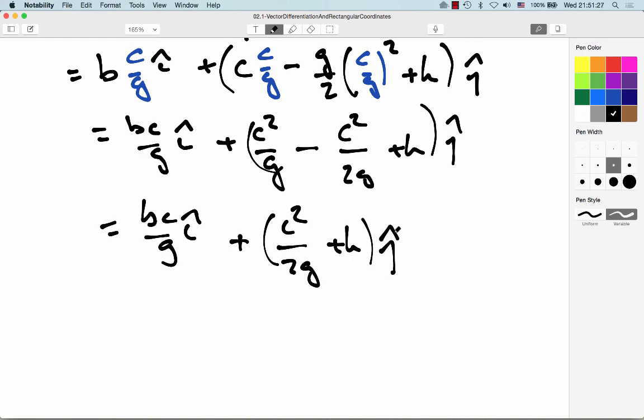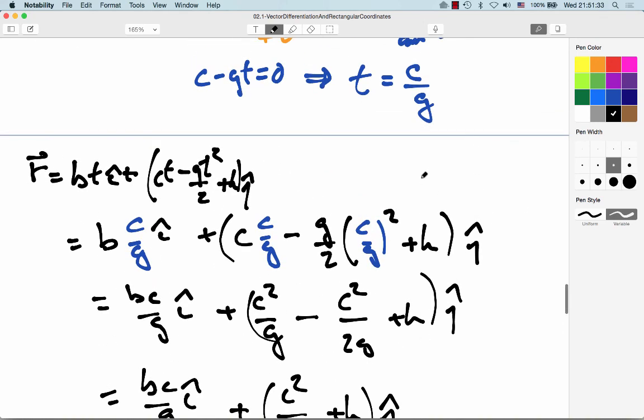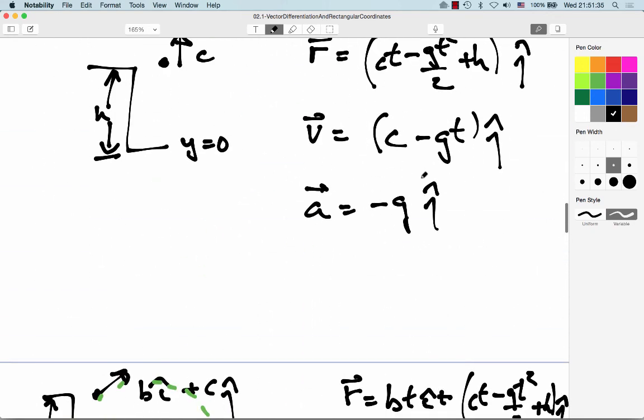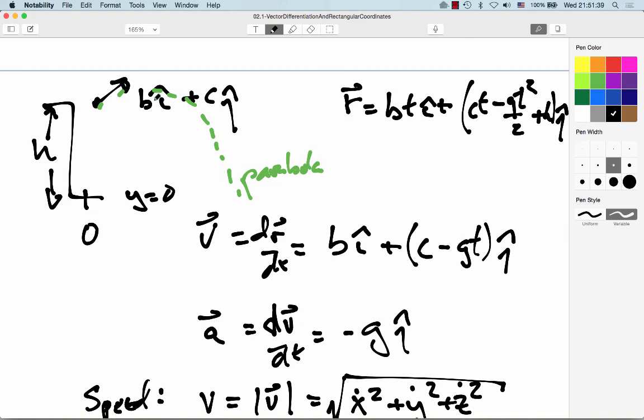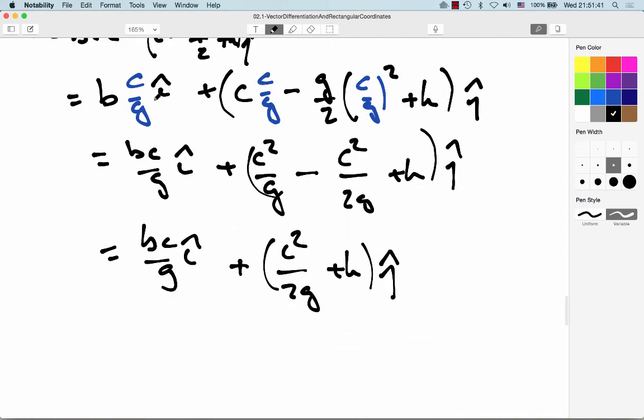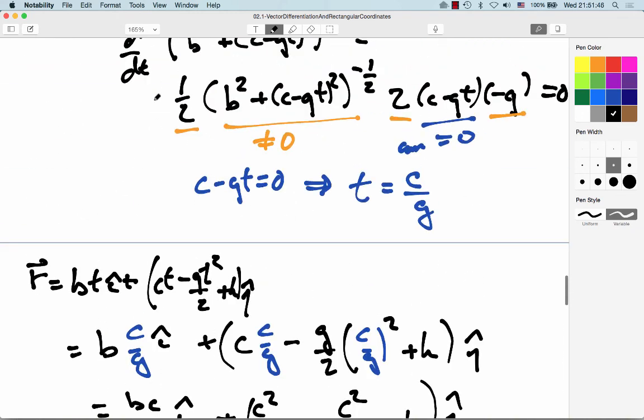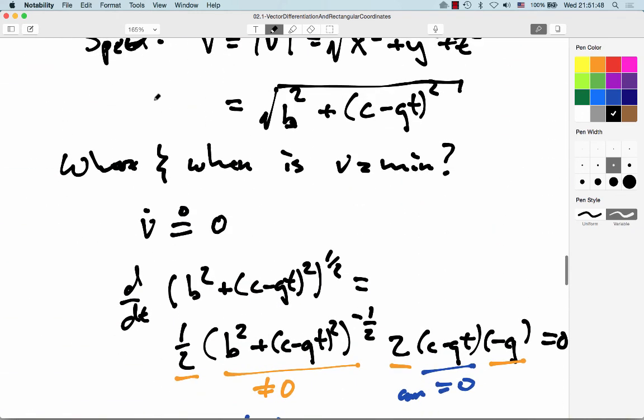All right. Now, it turns out this does correspond to the top of the trajectory of the object, which is what you would expect. At that point, the y component of the velocity is 0.